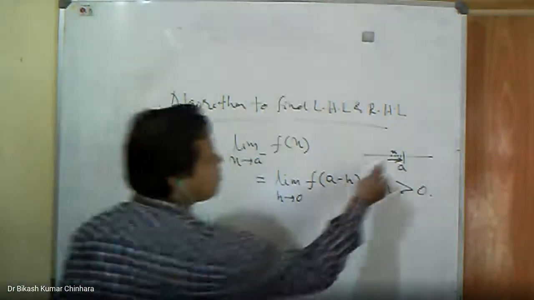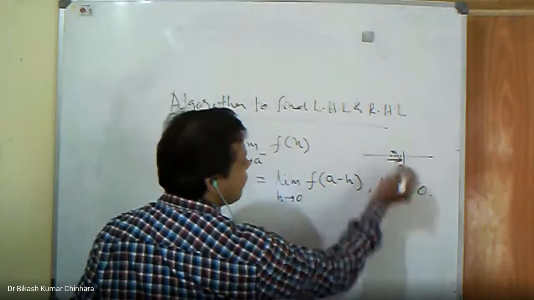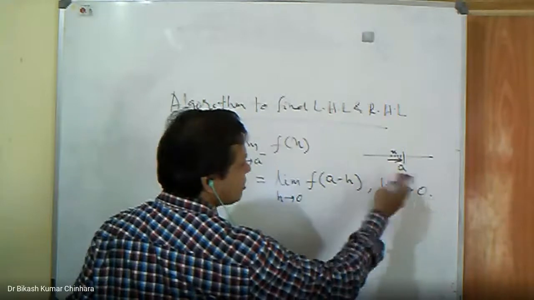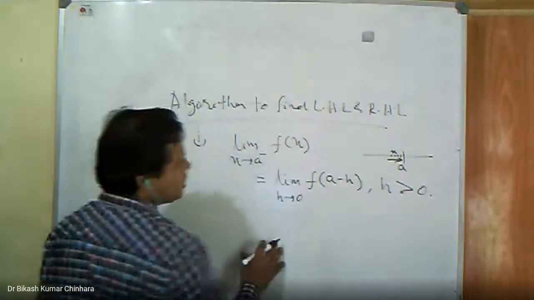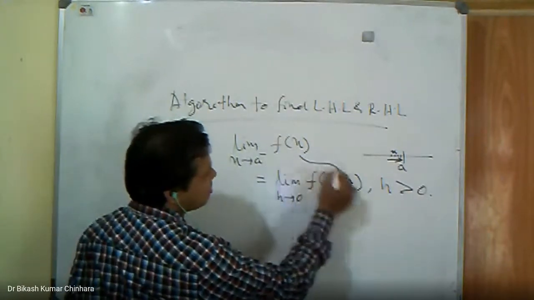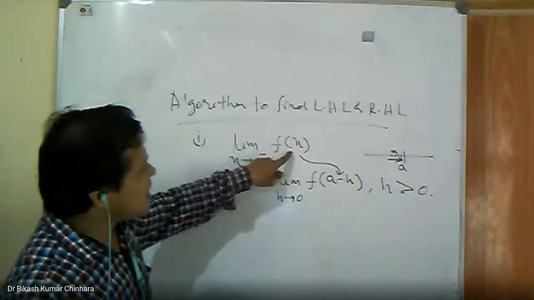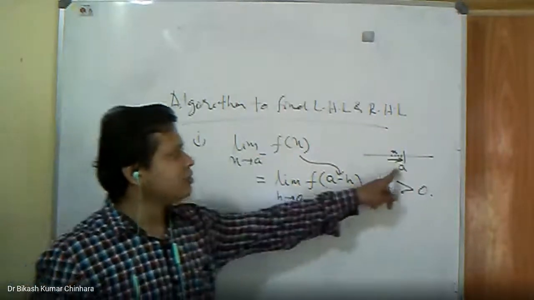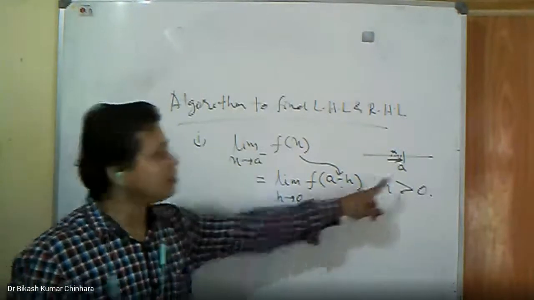Suppose I am placing this x a little away from a, left to a. So if I am writing a minus h, it specifies that your x is left to a. Are you getting?